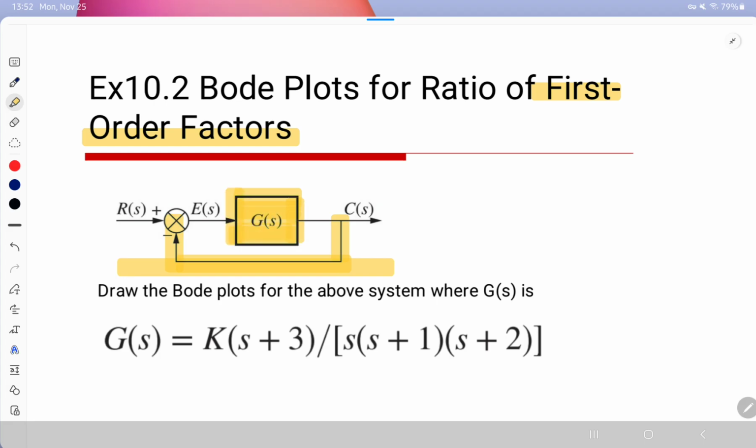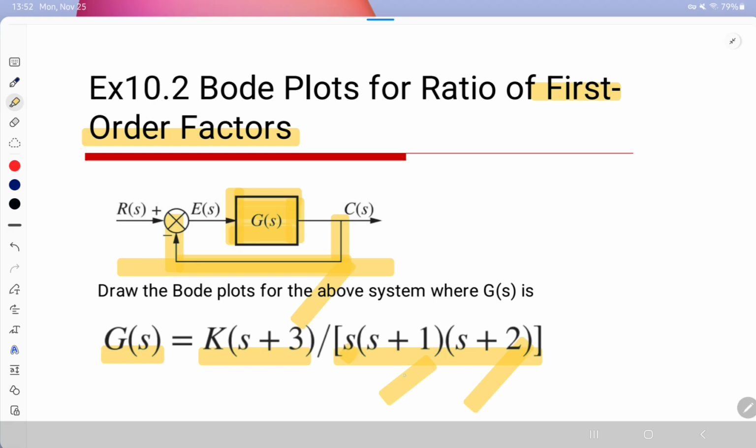You have a G of S, and we are representing G of S. These are something you have solved before. K times S plus 3, so there's a 0 at minus 3, and over S plus 1 and S plus 2. So there's a pole at minus 1, a pole at minus 2, and this is a 0 at plus 3.